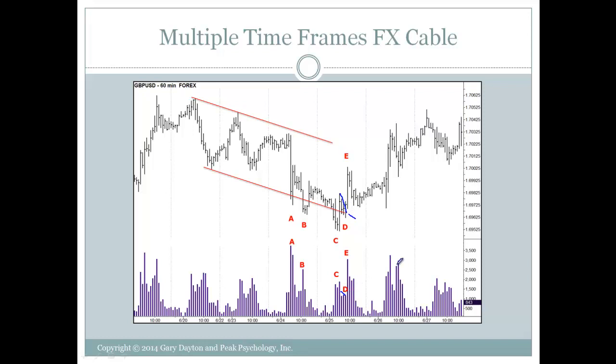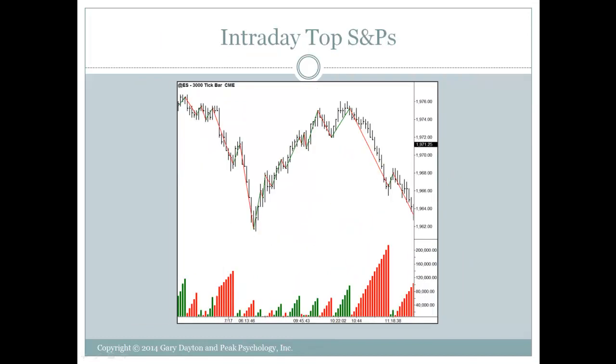So I know that the odds are that this move is now probably over, this down move. Okay? And I go to the smaller time frame chart and I find a choice opportunity, and that's what I trade. That's how you use multiple time frames.